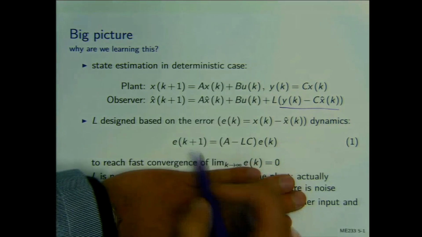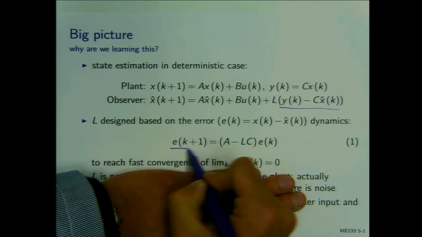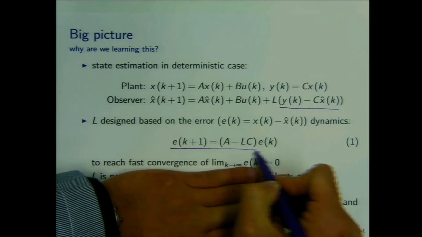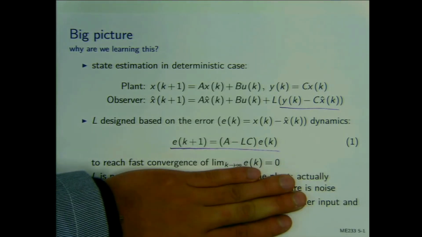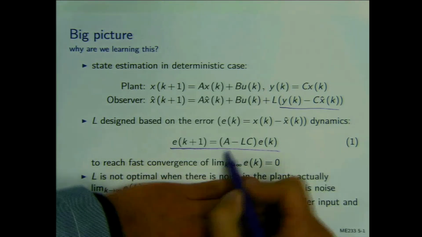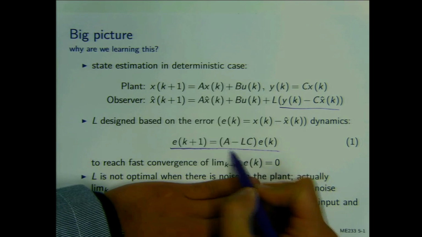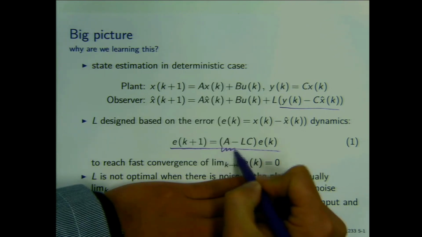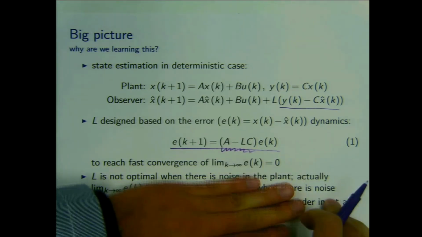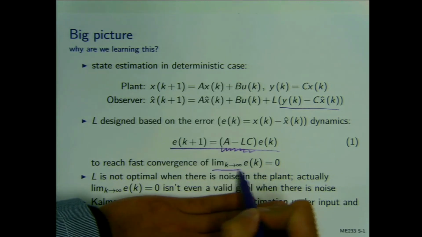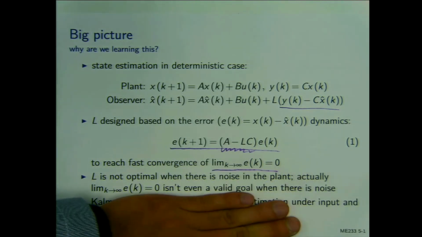So if you recall, the criteria used in designing deterministic observers, we mainly focus on how we design L such that the eigenvalue of this closed loop matrix has the desired properties. It's going to give us, for instance, the convergence of the error to 0 at the desired speed.